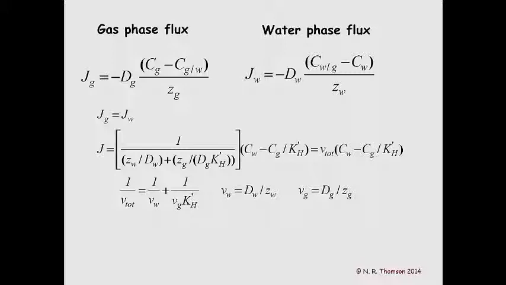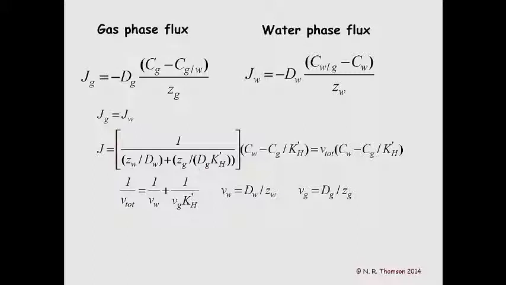algebra, you end up with an expression where J is the mass phase flux, which is a product between a constant based on the length of the stagnant interfaces and the diffusion coefficients, multiplied by the driving force, which is the difference between the water phase concentration and the gas phase concentration scaled by the Henry's law constant.